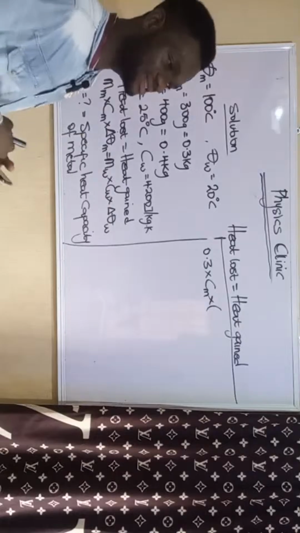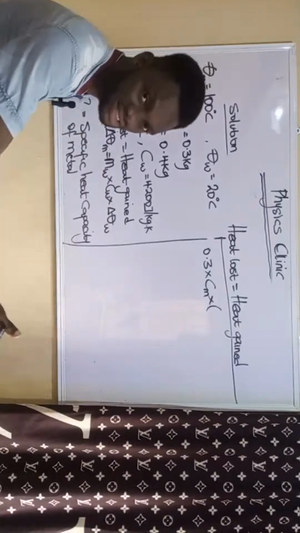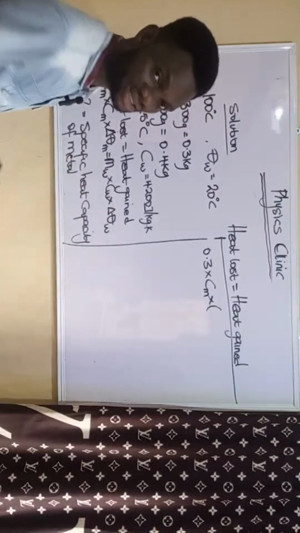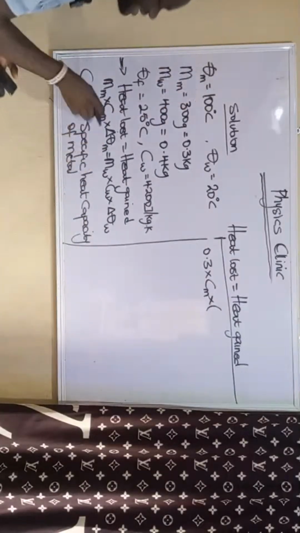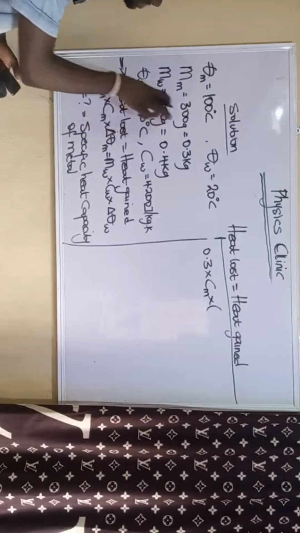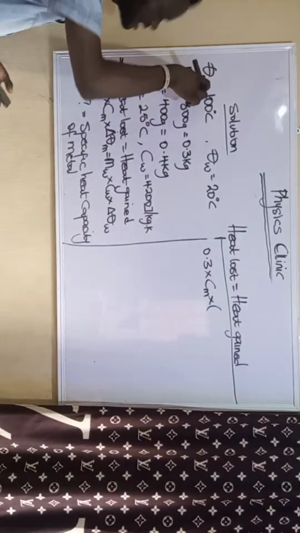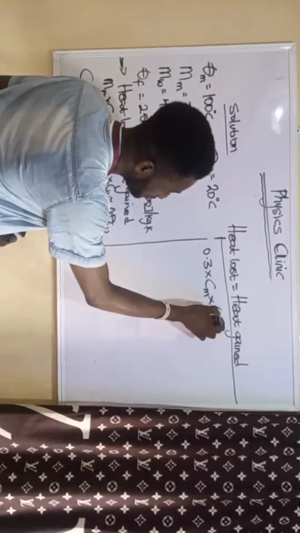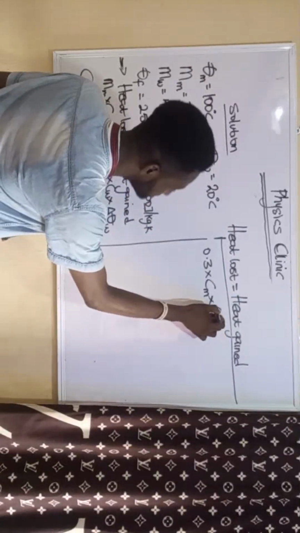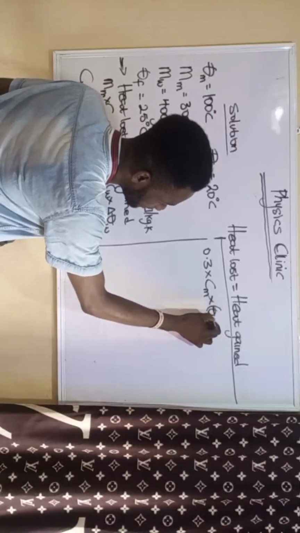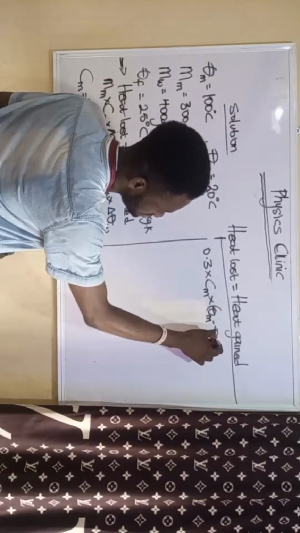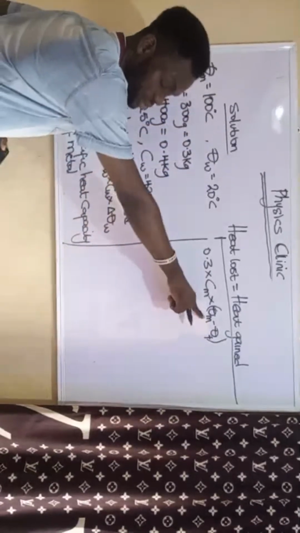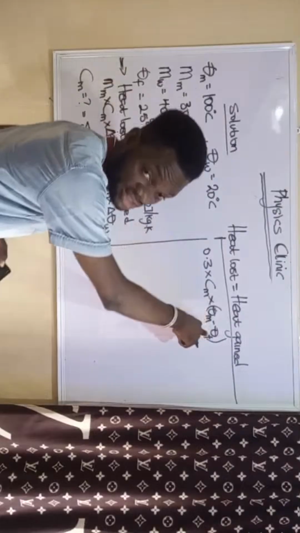Since the metal is the one losing heat, its initial temperature will be greater than its final temperature. So I'm going to input the initial temperature first before I put the final temperature, because it's going to be theta m minus theta f, because the initial temperature for a body losing heat is greater than the final temperature.